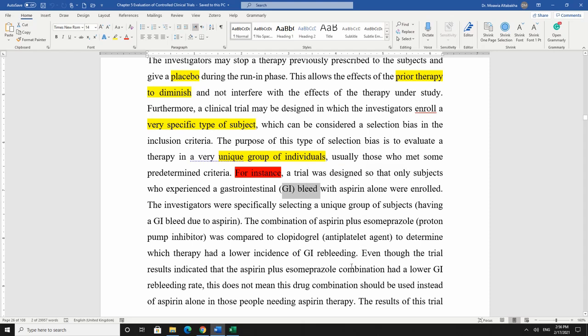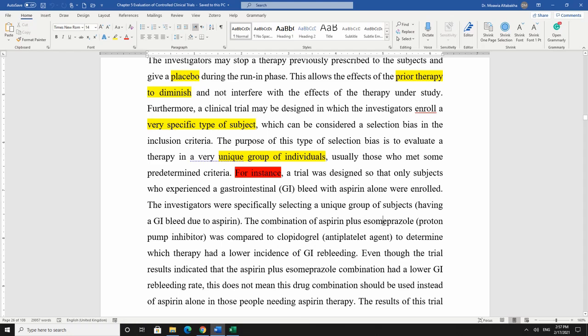Okay, you want people who have bleeding because they are taking aspirin, and you want to see if giving esomeprazole will reduce the problem or help the case, or if you change aspirin to another well-known antiplatelet agent which prevents clotting, clopidogrel. So, can they continue with aspirin and take esomeprazole?